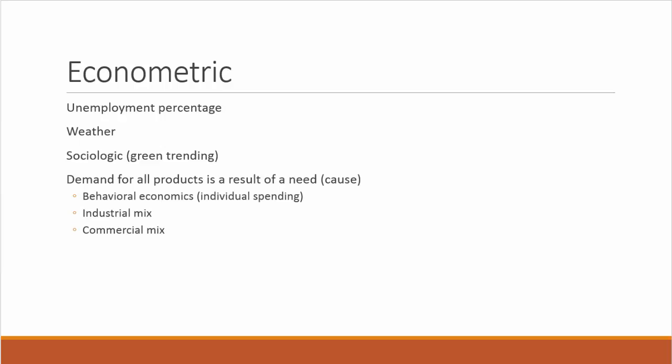Also, sociologic changes such as green trending show that in behavioral economic sense that people wish to use more green products than traditional fossil fuel products. And we must include these, and we can do this a little bit by time series, but not as thoroughly as econometric techniques can do.